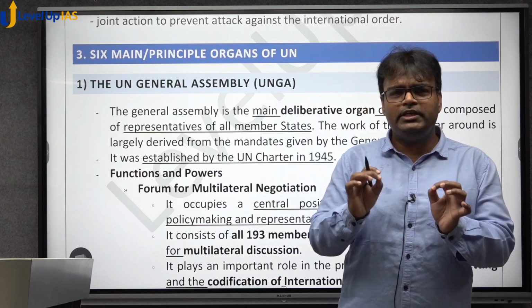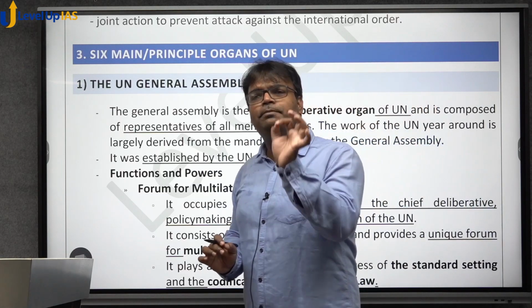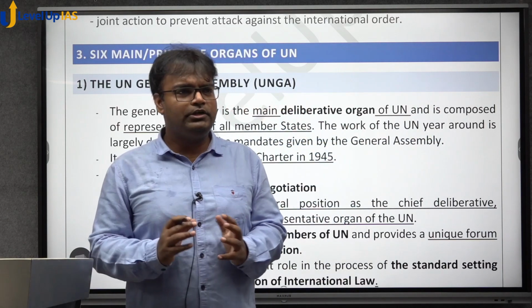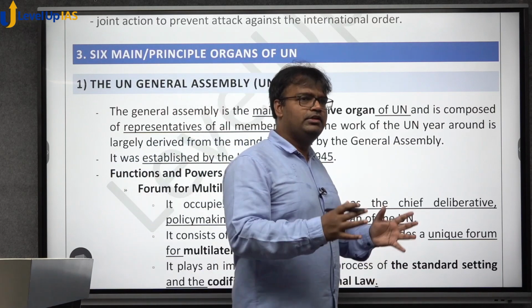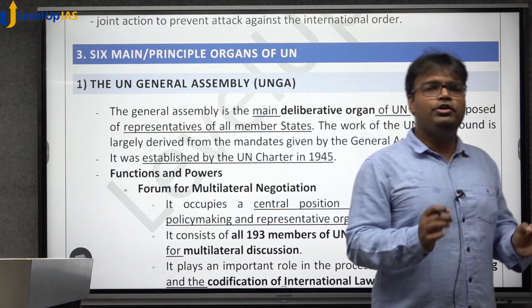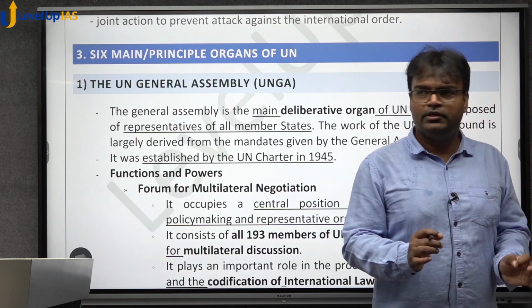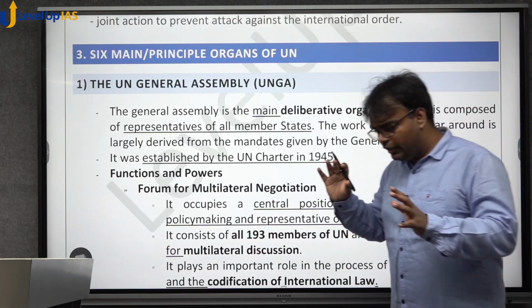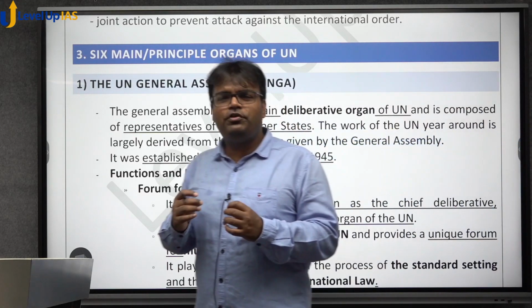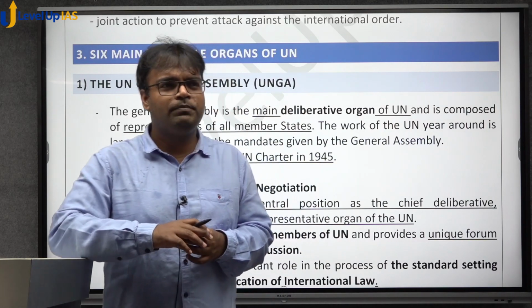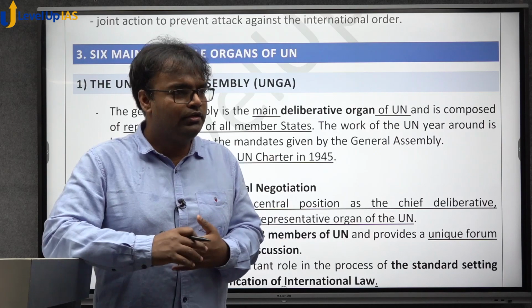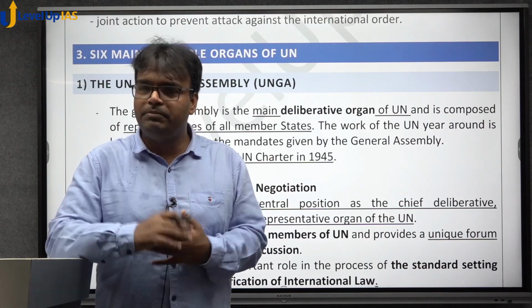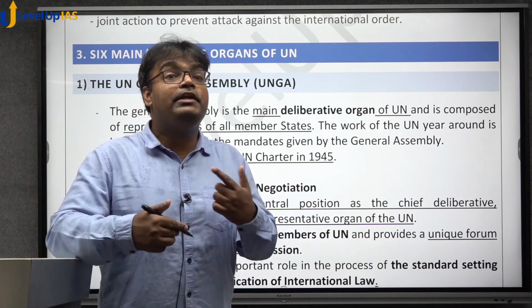The United Nations General Assembly is the chief deliberative body, the body where most of the discussions and negotiations in the United Nations take place. To understand its function, compare it with Parliament, the law-making body, the code-making body, the convention-making body, the deliberative body.